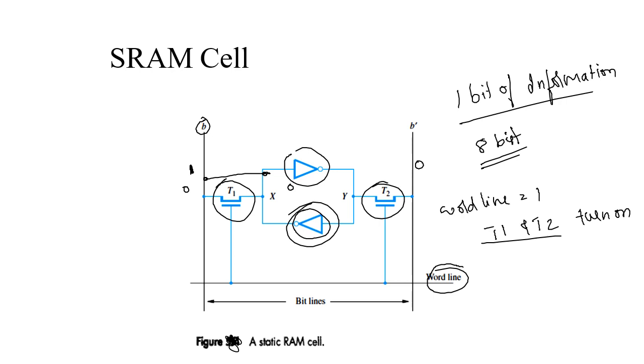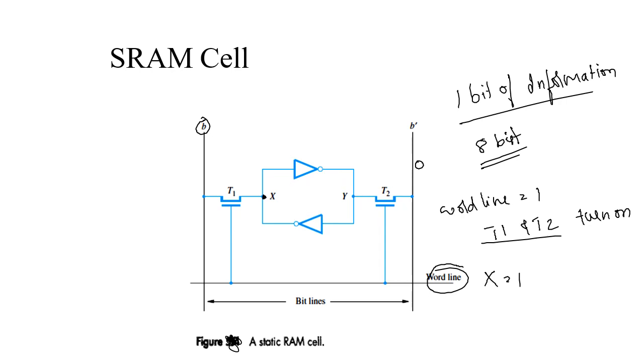Now let us assume the state x equals 1. How do we read this? If x is 1, then y is 0. Let us consider x equal to 1.